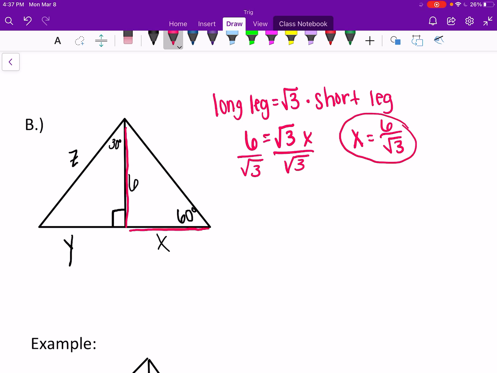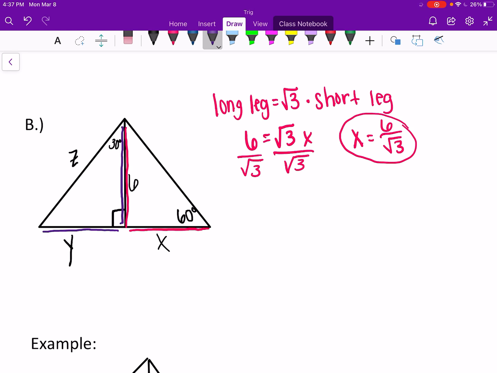Now I want to find y. Y is on the left-hand triangle. If you notice, y is across from the 30-degree angle. So y is our short leg. Then we also have the length for our long leg over here, which is 6.